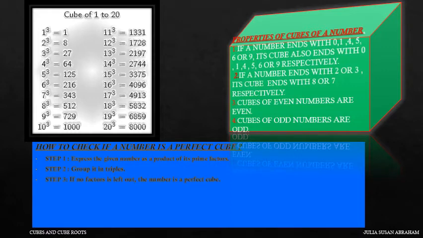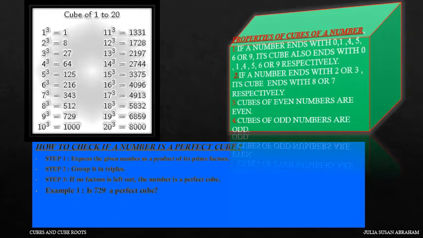As you have learned in the squares chapter, you used to group in pairs. But in the case of cubes, we put them in triples. In step 3, if no factor is left out, the number is a perfect cube.